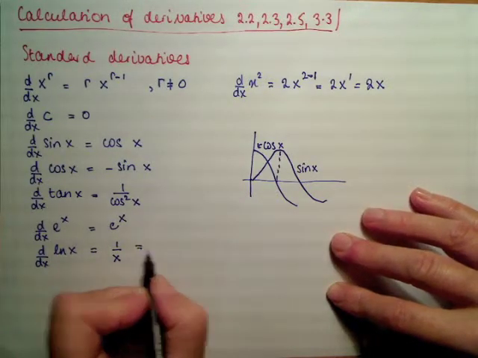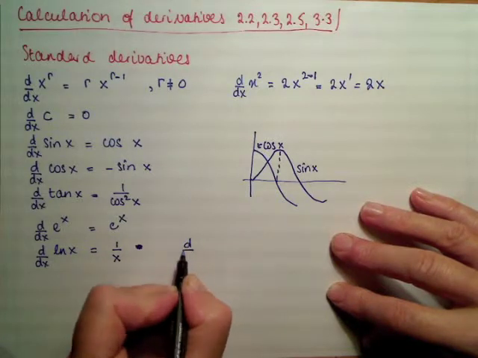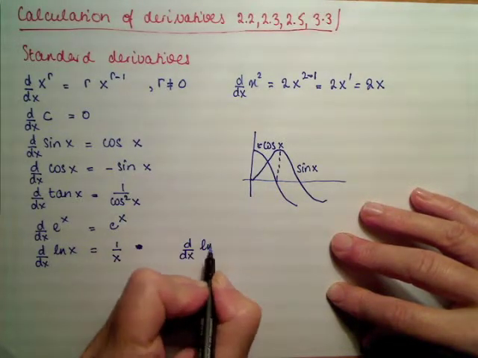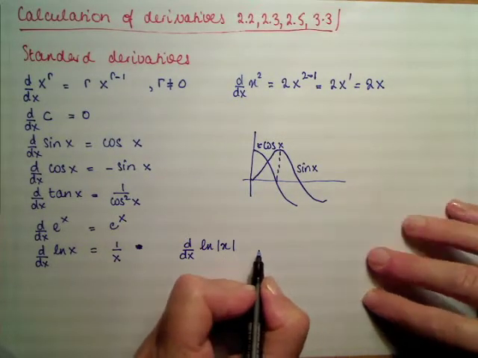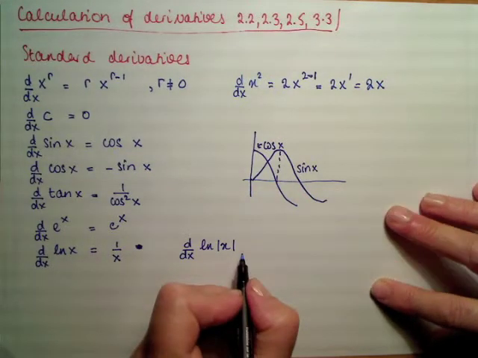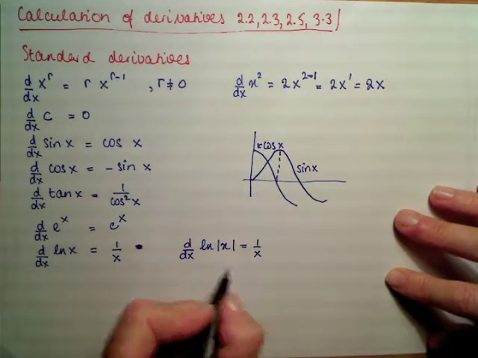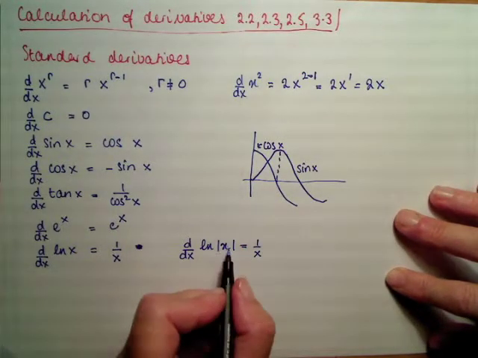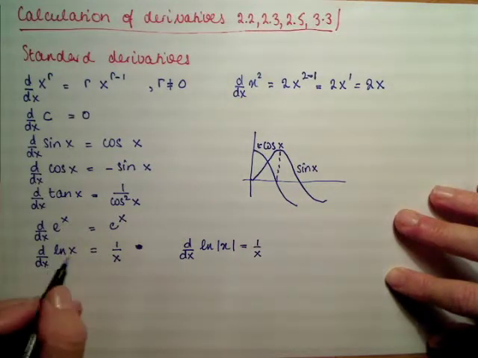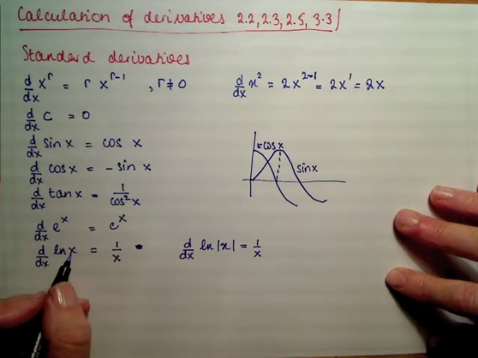And the same happens, but in a slightly extended form: if we compute the derivative of the natural logarithm of x in absolute value, then we also get 1 over x, but now the natural logarithm of the absolute value is defined for all x, and the natural logarithm of x is defined only for positive values of x.